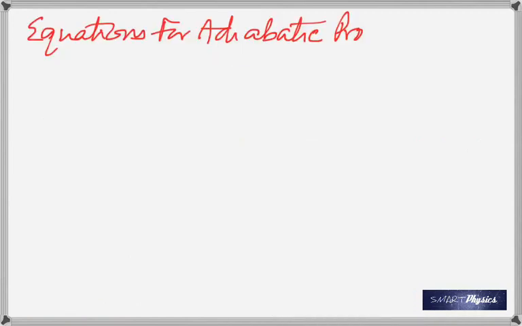Do you remember any equations for an adiabatic process? Right, correct? At least 2. Pressure times volume raised to gamma is a constant, and gamma is the ratio of specific heats, isn't it? And you need not cram the numbers, but can you tell me for a diatomic gas, how much is it?